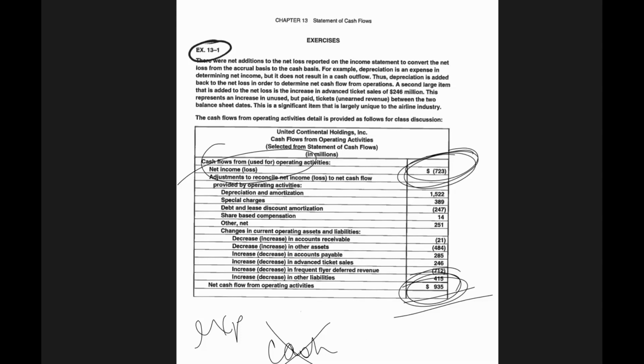It'd be right here. Depreciation. So notice there is a huge 1522 add back, and it's depreciation. So even though there's a net loss, ultimately we will still, in this case, have a positive cash flows, and it's mainly due to the add back of depreciation. All right, let's move to number 2.